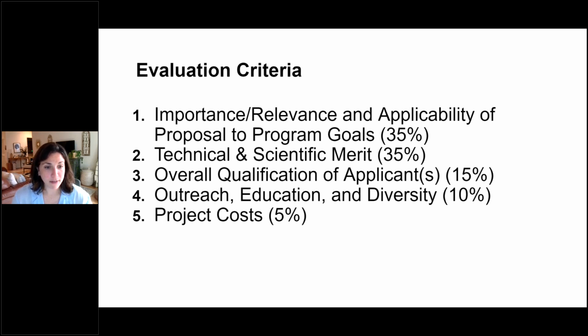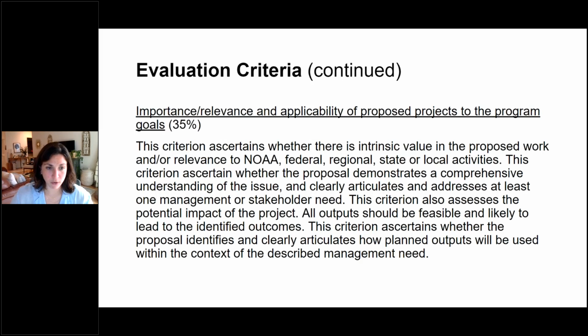Technical and scientific merit, also 35%. Overall qualification of applicants, 15%. Outreach, education, and diversity, 10%. And project costs, 5%. So when and if you submit proposals, this is how we will be rating your proposals and scoring to determine final score.